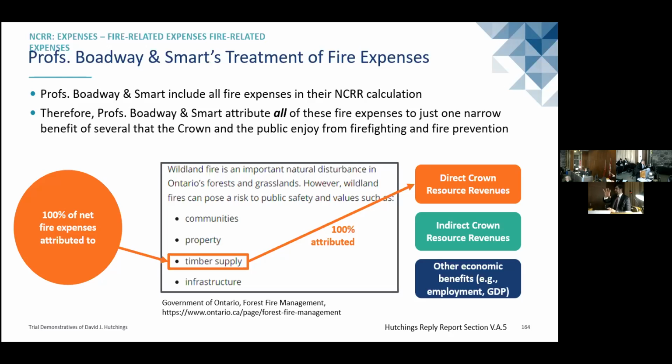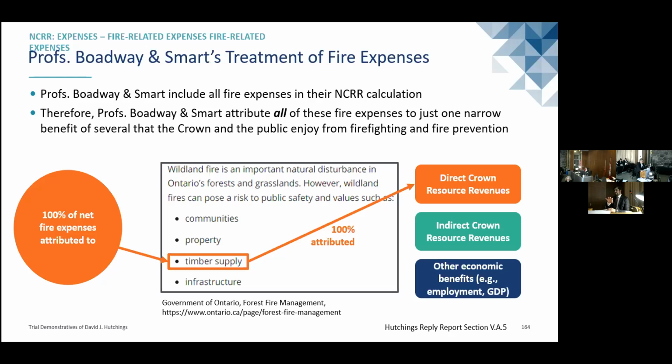So, you can think of how we attribute net fire expenses. If we're saying those are all attributed to just timber supply, those are all attributed to direct Crown resource revenues. So you're not saying that. No, I'm saying if we were to say that, which is the effect of the method of Professors Bodway and Smart, then we get in this weird hypothetical we were discussing of, well, that's the same as saying none of that expense was undertaken for indirect Crown resource revenues, other benefits, etc. So that's why I'm saying I think this is incorrect.